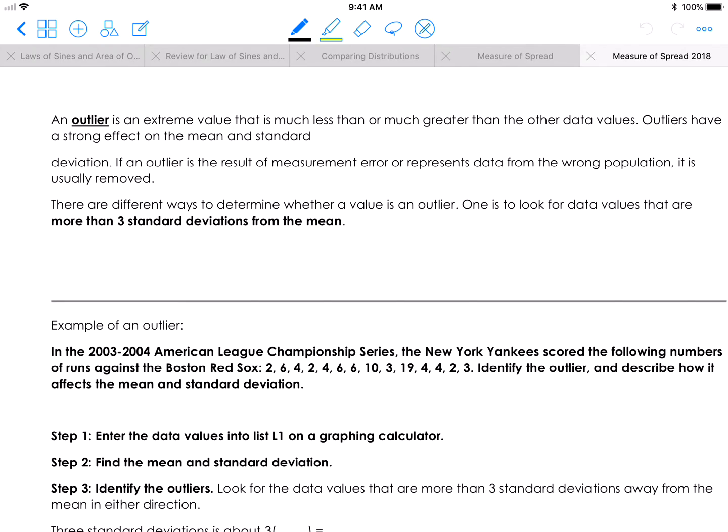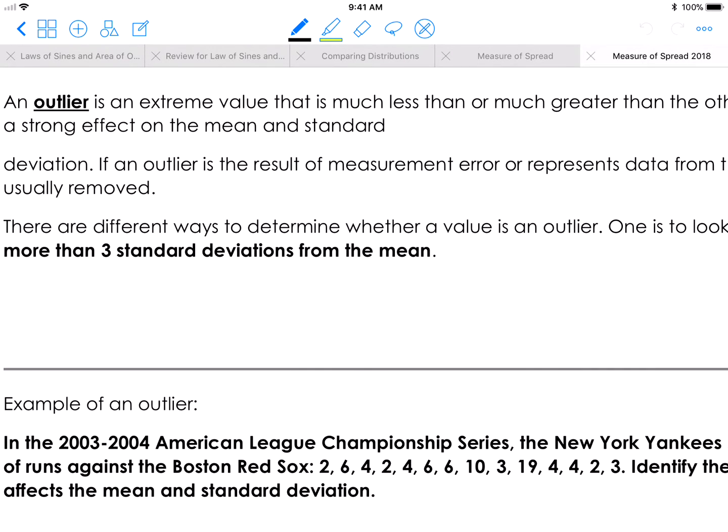So when you're looking to see if a value is 3 standard deviations away from the mean, say you had a mean of 2, for simplicity's sake, and our standard deviation was 1.